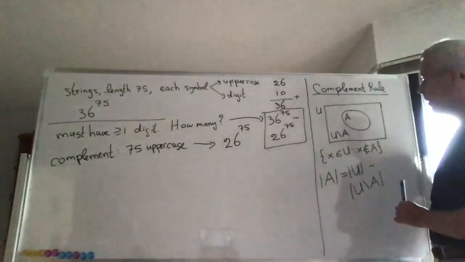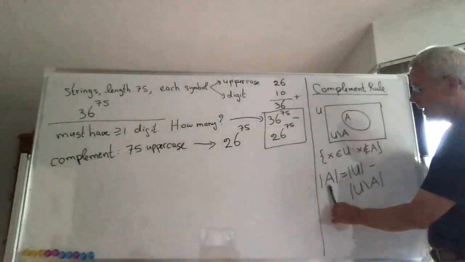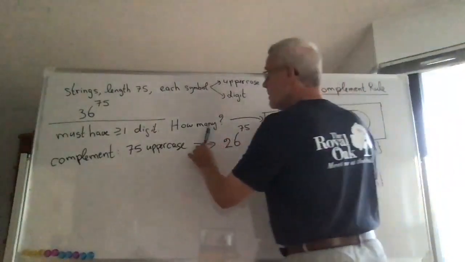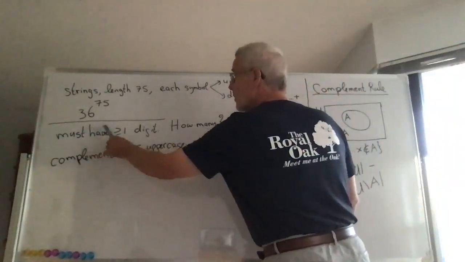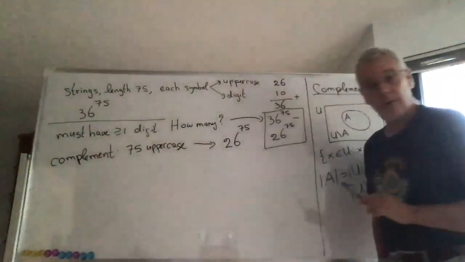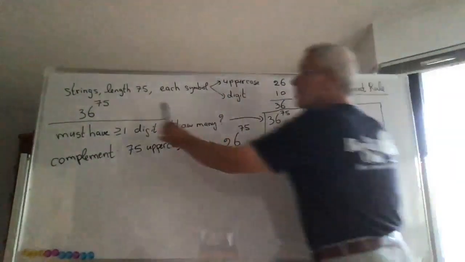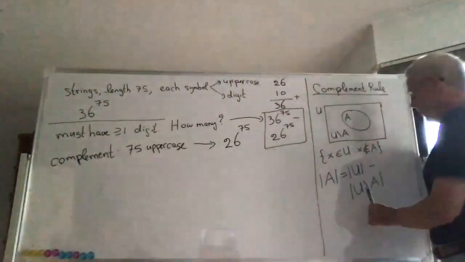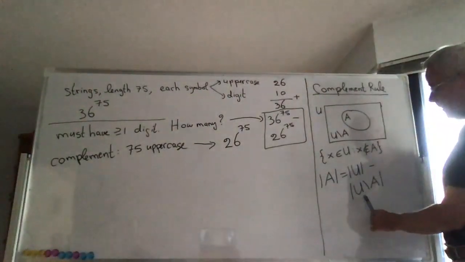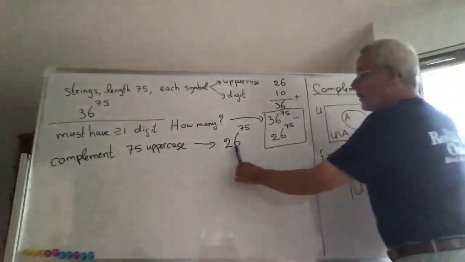And the complement rule says the size of A, which is the number of strings we want to count, is equal to the size of U, which is there, minus the size of the complement. And the size of the complement is here.